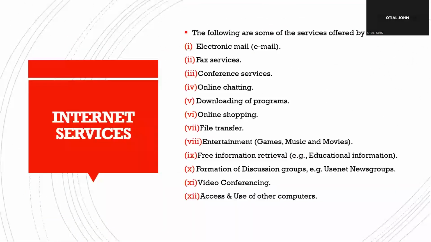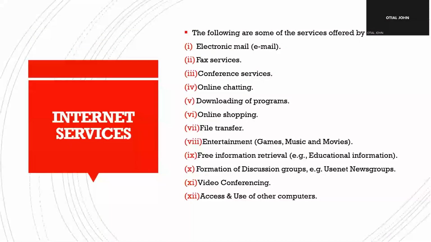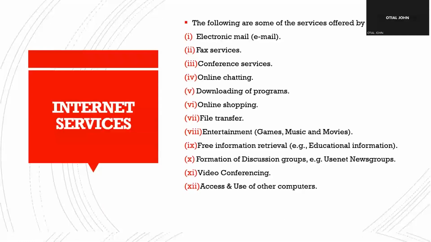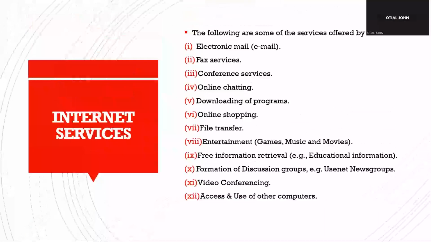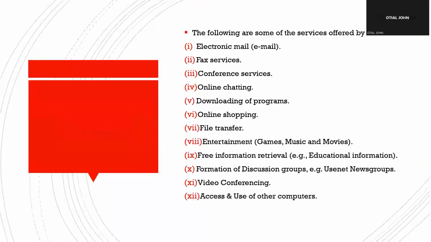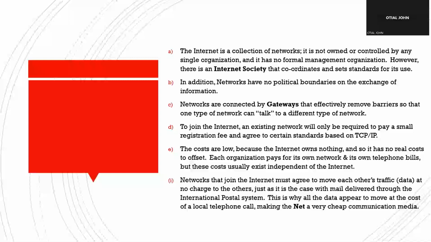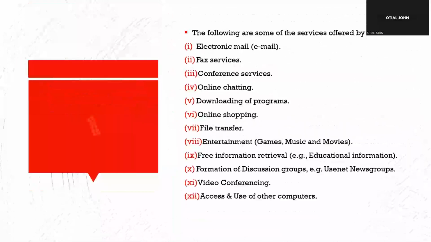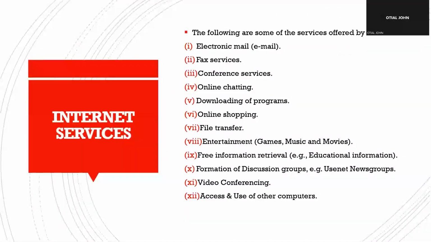And then we also have fax, and conferencing services like we are doing right now. And then also online chatting, downloading of programs, online shopping, file transfer, entertainment such as games, music, movies, and also free retrieval of information, discussion groups such as Usenet groups, video conferencing, etc. Those are among the services provided by the internet.